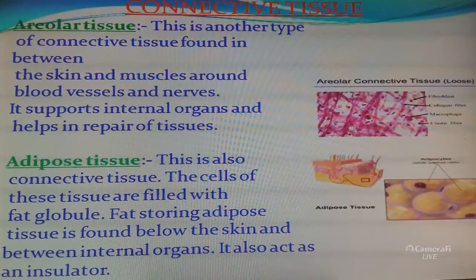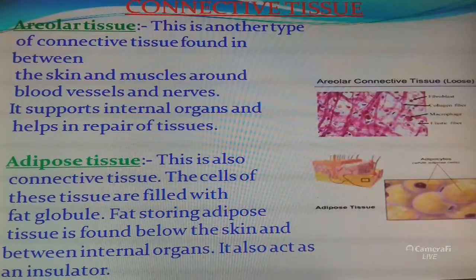What is the difference between blood and lymph? Blood is a red vascular tissue, but lymph is a white vascular tissue. Blood occurs in blood vessels, but lymph is present in lymph vessels and around the body tissue.